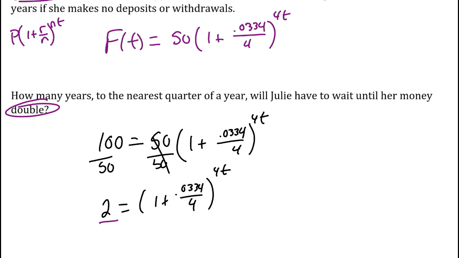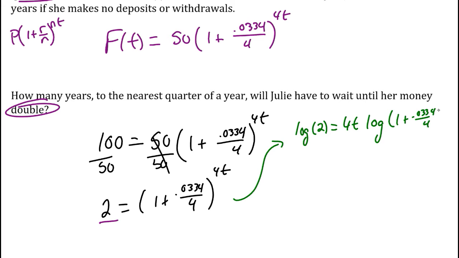To bring that exponent down, I need to log both sides. The log of 2 equals, I can bring the exponent down when I log, 4t times the log of 1 plus 0.0334 over 4. I'm going to divide by 4 log of 1 plus 0.0334 over 4 on both sides.